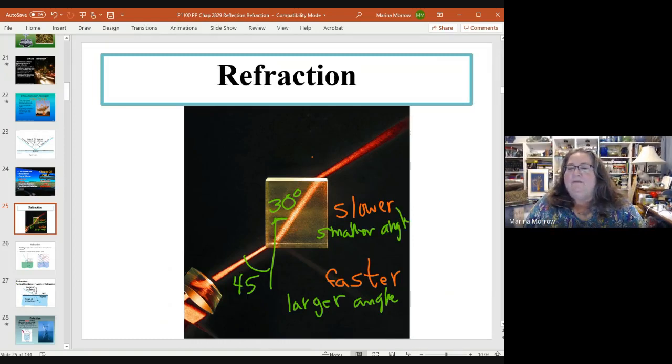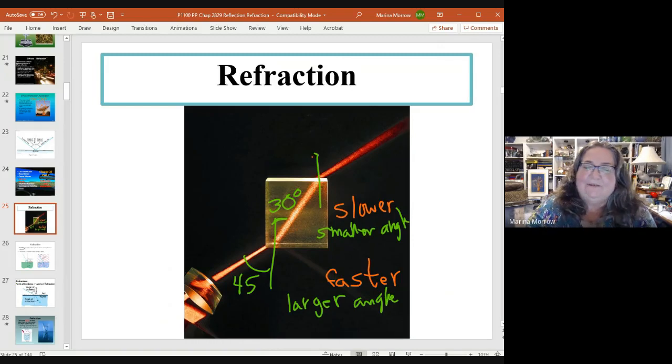Okay, so faster, of course, remember, would be a smaller index of refraction. Where it's slower, that would be a higher index of refraction. So like we talked about how light slowed down in a diamond. Okay, now notice where this comes out on the other side.